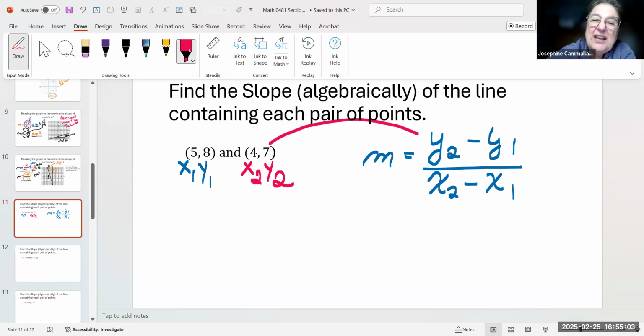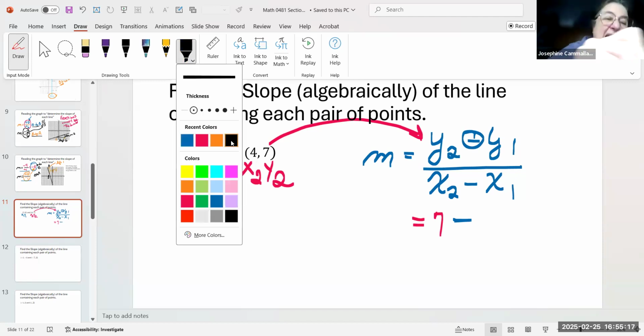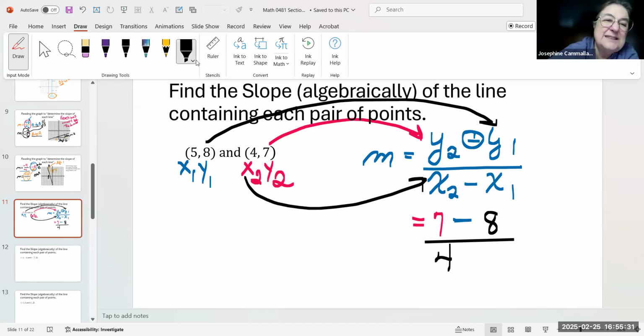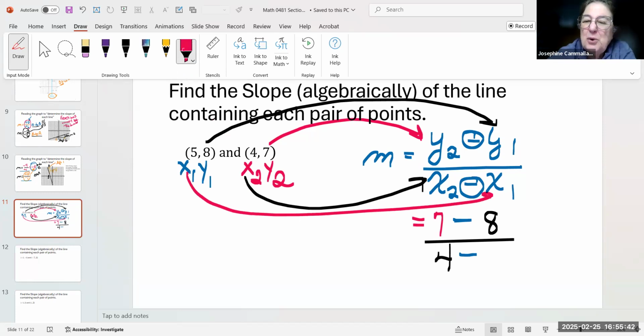Now, the 7 is my y2. Now be careful. This minus is part of the formula. And then I have my y1, which is 8, over x2 is 4, minus, that's part of the formula, x1, which is 5.